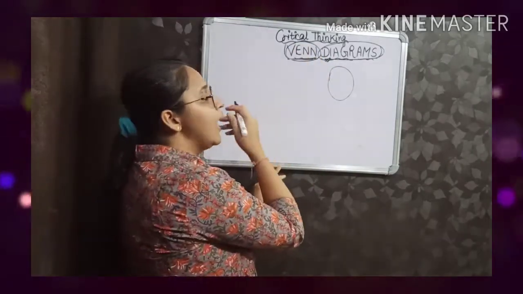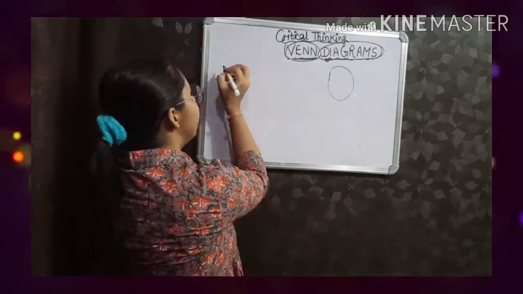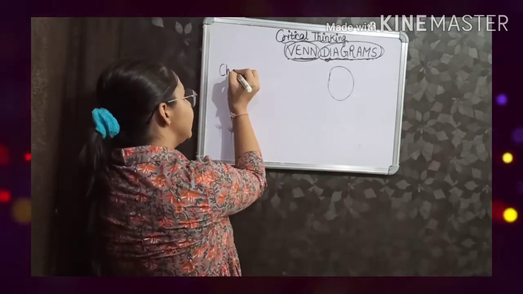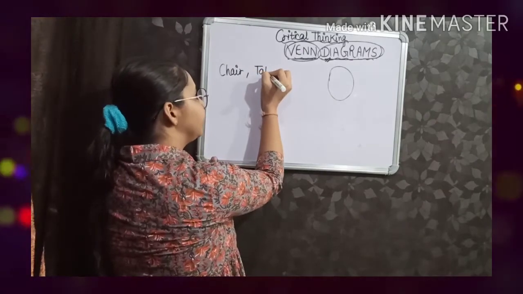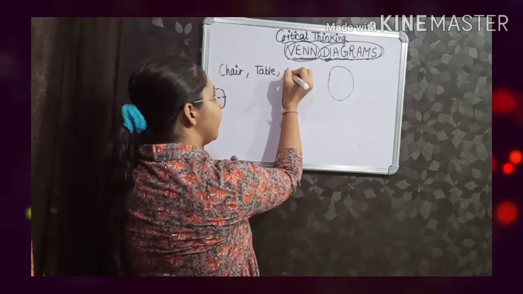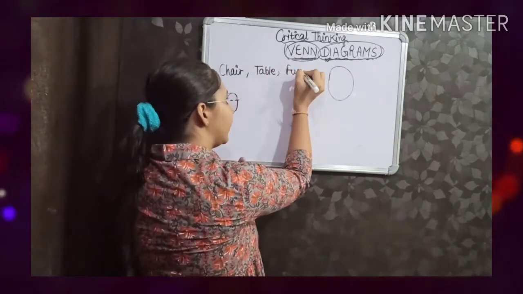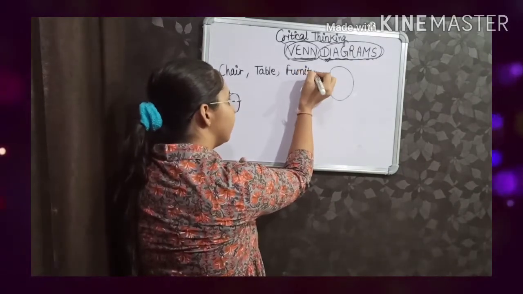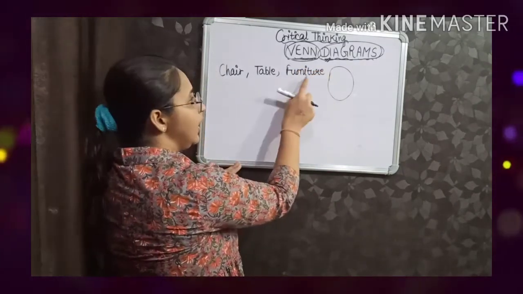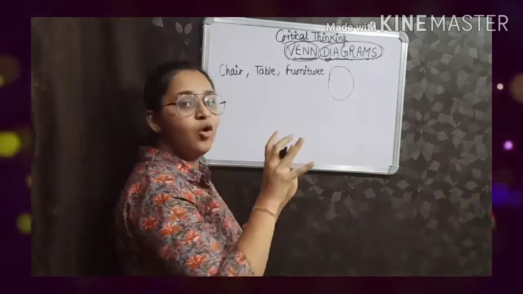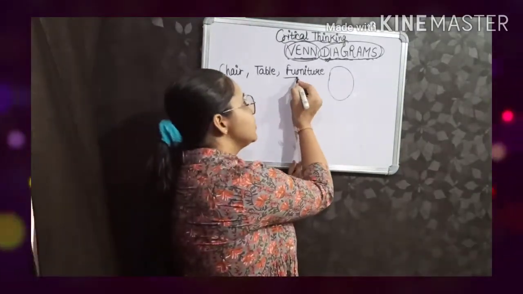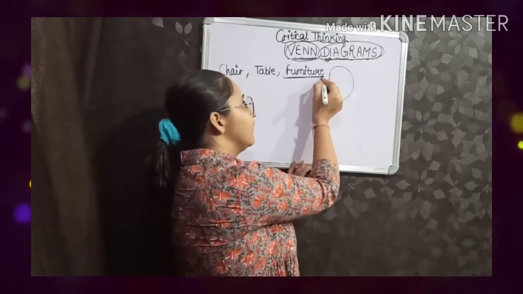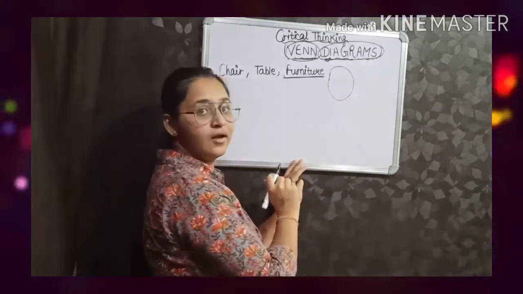Now what are Venn diagrams? If I say I have a relation like chair, table and furniture, you must have noticed that furniture is a bigger thing.